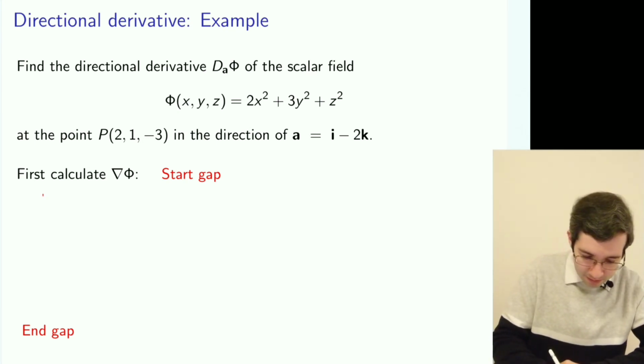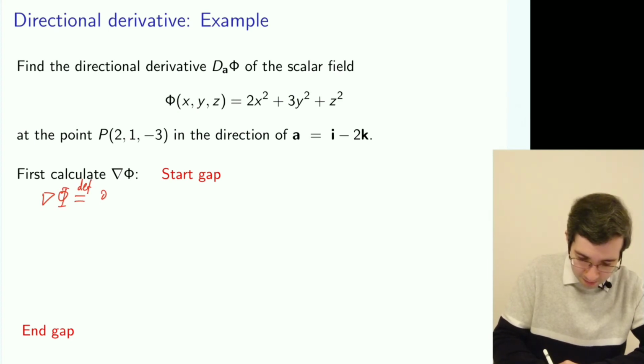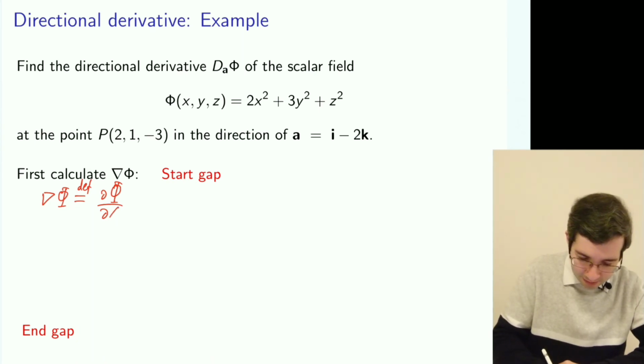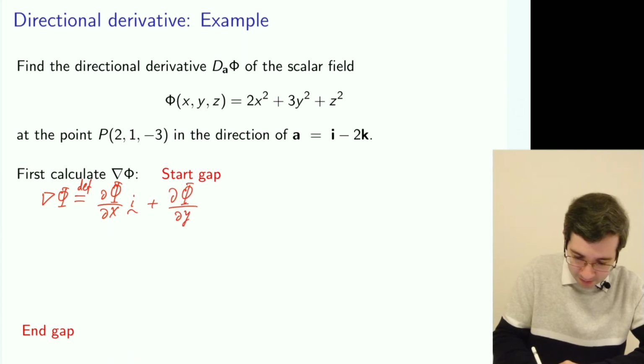The gradient of phi, capital Phi being a Greek letter, again by definition, is the partial derivative with respect to x, plus with respect to y, and then with respect to z. So d phi by dz.